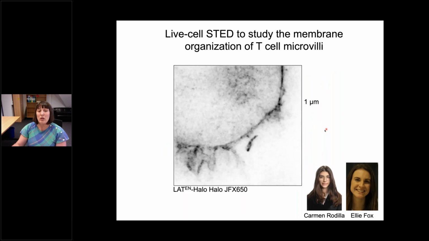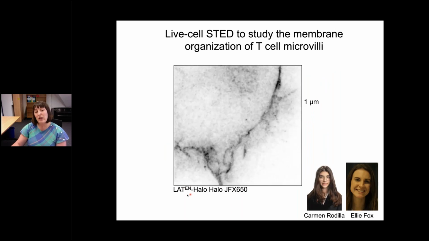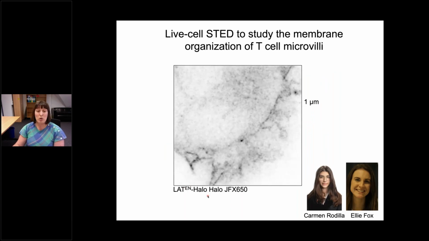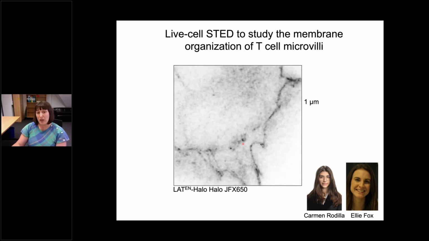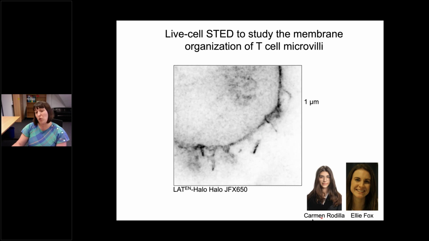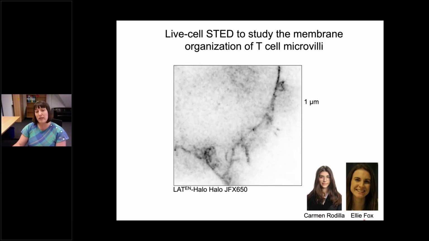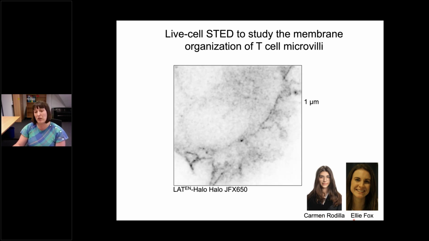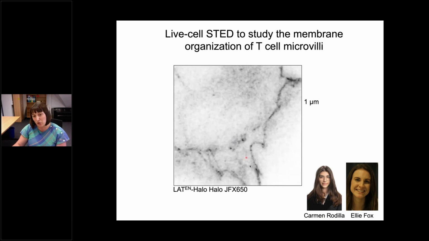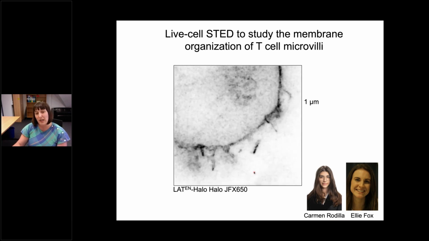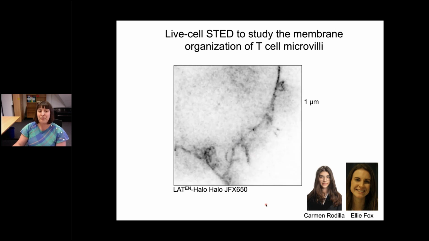What we can do now is endogenously tag some of these important signaling molecules and follow them live. This is work done by another PhD student, Carmen, and our technician Ellie. You can see an example down here of this protrusion forming and then retracting again.